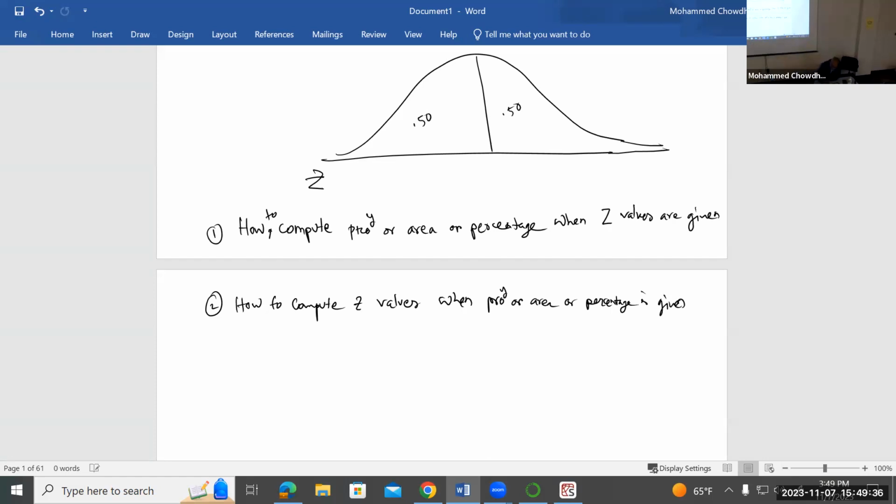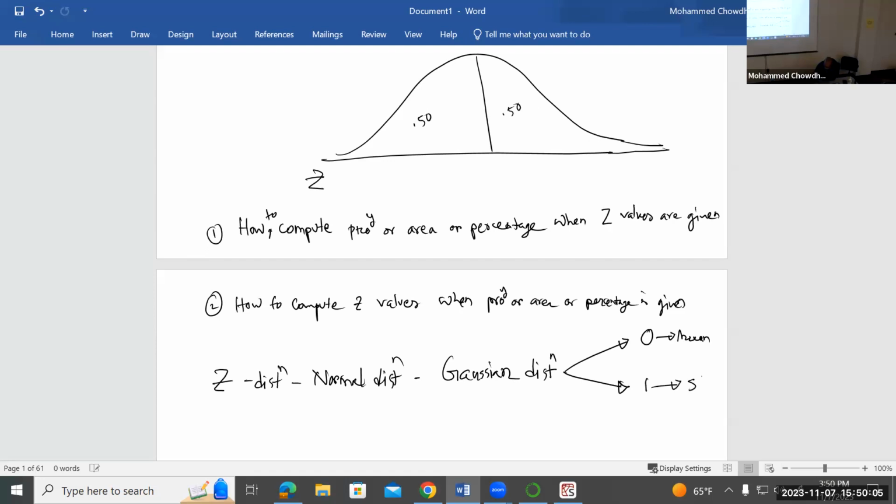This is called the Z distribution, or normal distribution, or Gaussian distribution, which has mean equal to 0 and standard deviation equal to 1.